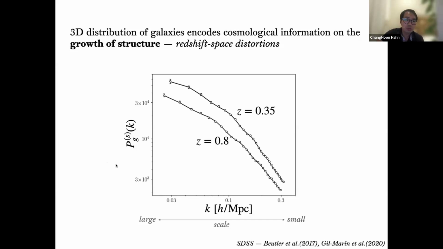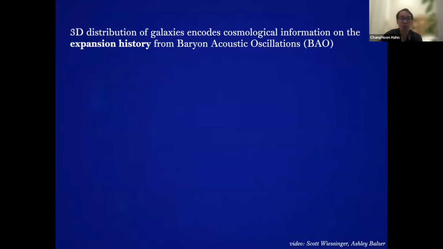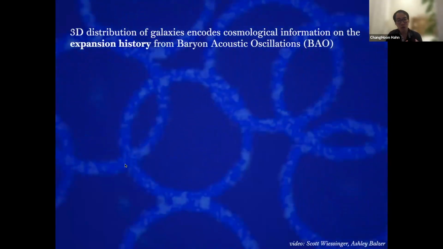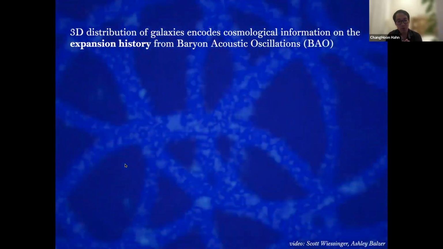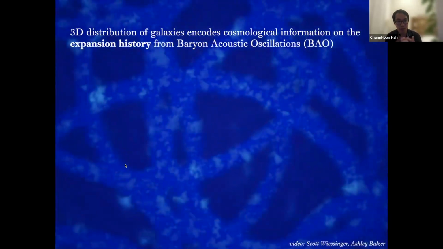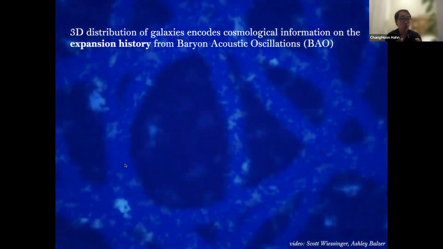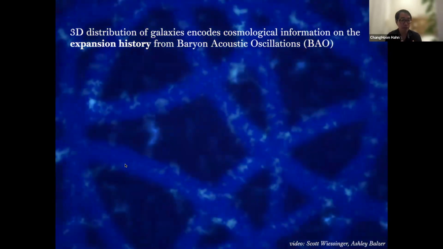So in addition to the growth of structure, we can also probe the expansion history of the universe using baryon acoustic oscillations. So in the early universe, as I mentioned, the baryons and the photons are coupled and they propagate as spherical sound waves. Then when the photons decouple from this plasma to the CMB, the baryon acoustic oscillations are frozen in place.